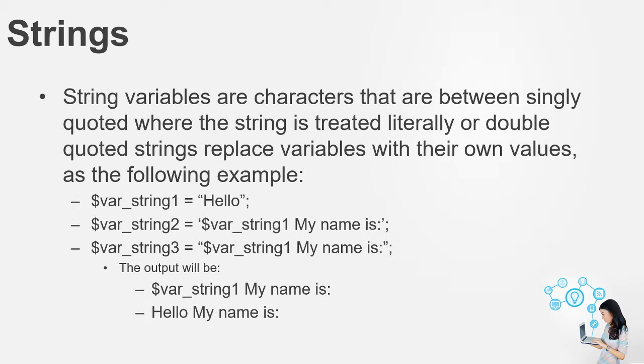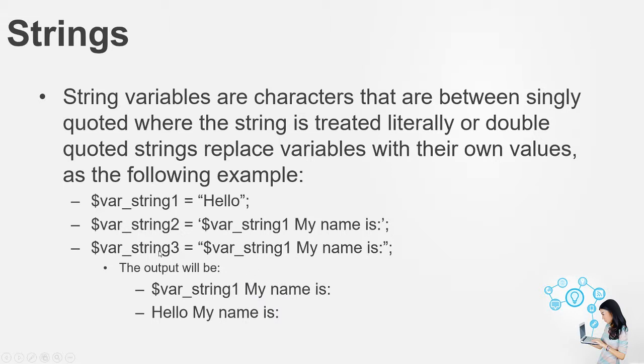Okay, string variables are characters that are between single quotes, where the string is treated literally, or double quotes, where the string replaces variables with their own values, as in the following examples. We have the first one, using a single string. In the following one, example number two, with single quotes, it's gonna be shown as the output: the name of the variable and my name is.